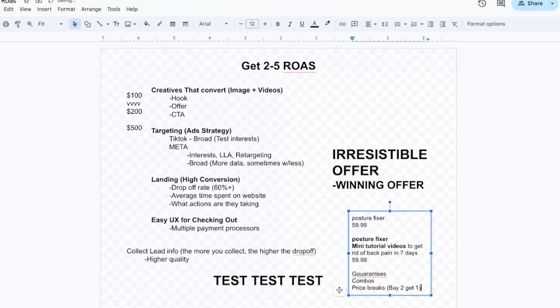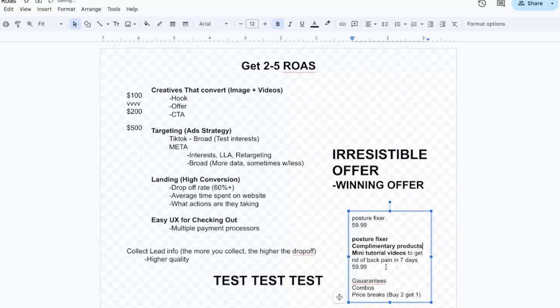It all depends on the type of offer you're running. You can have different ones available. And then there may be other products you can combine, alternative or complementary products that you can actually search for.